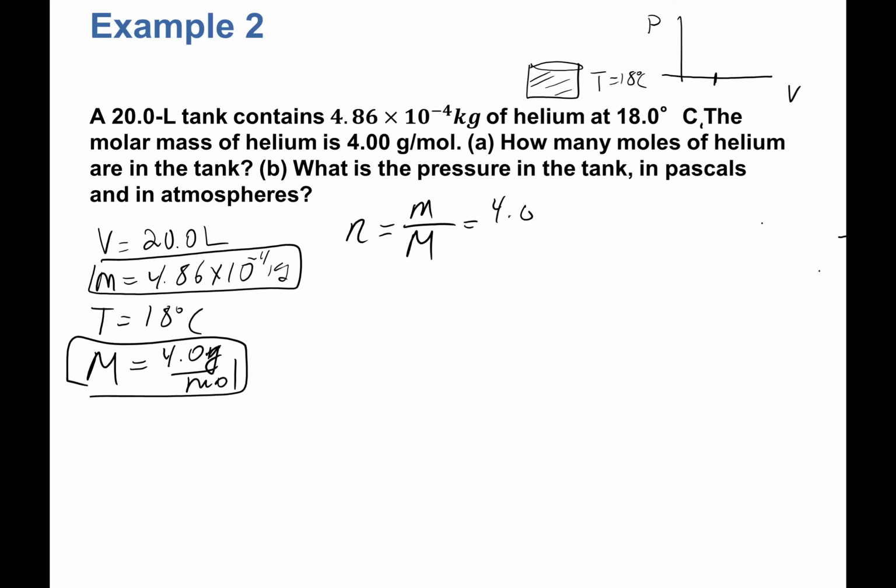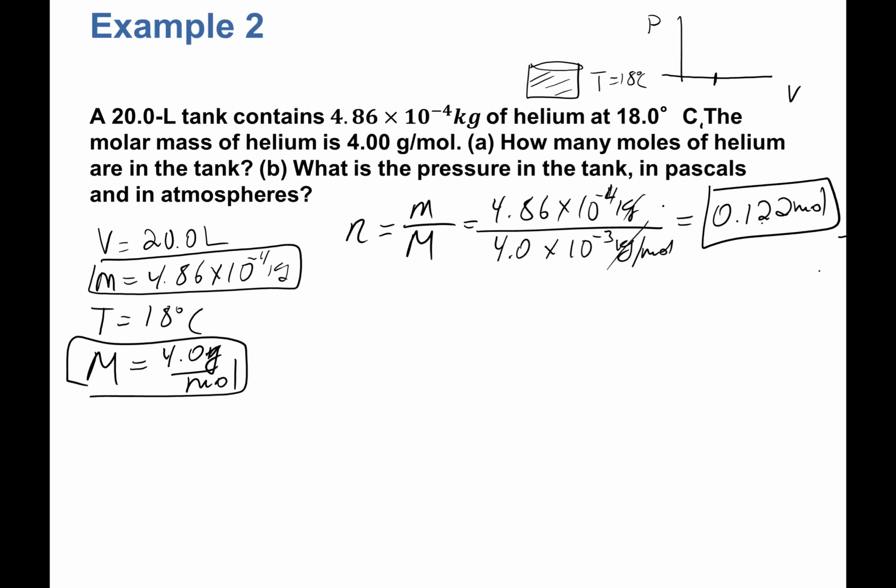That means I can do 4.86 times 10 to the negative 4 kilograms divided by the molar mass. But I need to convert that to kilograms, so 4 times 10 to the negative 3 kilograms per mole. And then I can cancel the kilograms and find the number of moles, which is 0.122 moles. That means I can easily calculate the number of moles if I'm given the mass and the molar mass. All right, so that's part A.